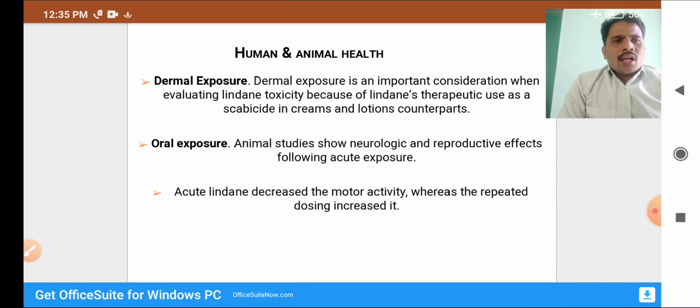Nowadays we cannot expose our skin directly to sunlight; lotions and scabicide creams are used for treatment. When pesticides are aerially distributed over the environment, infections such as itching or cramps can occur unknowingly. For oral exposures, animal studies show neurological and reproductive effects following acute exposure. Acute lindane decreased motor activity, whereas repeated dosing increased it.